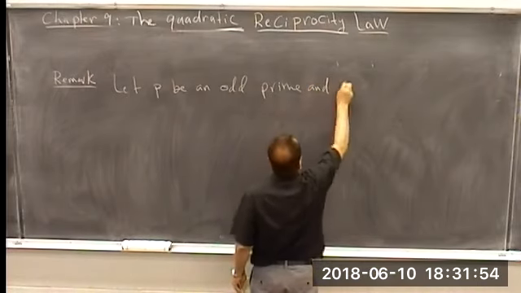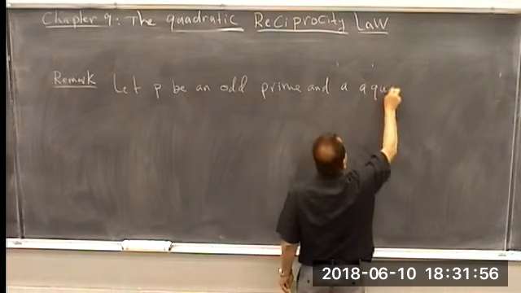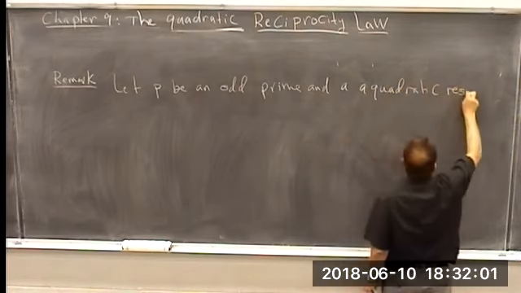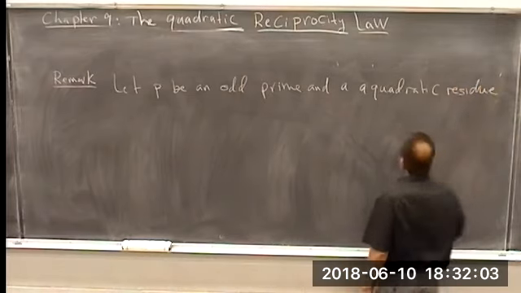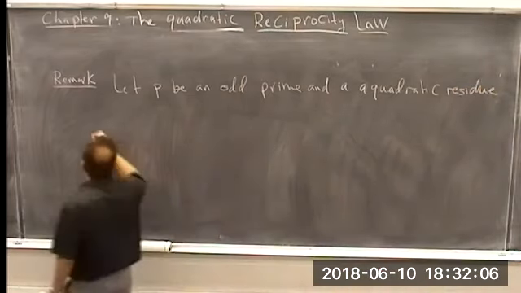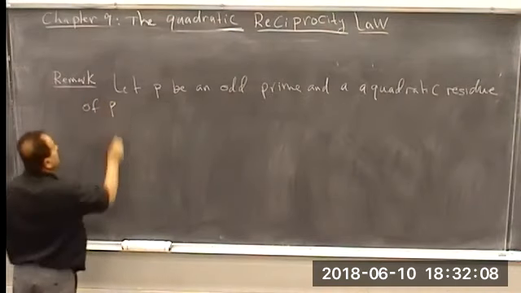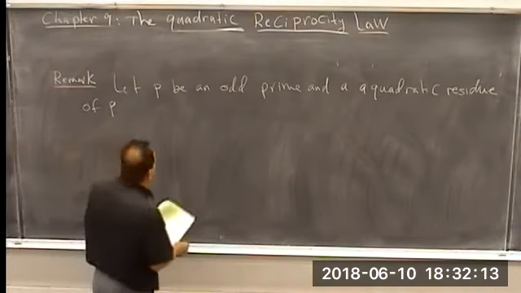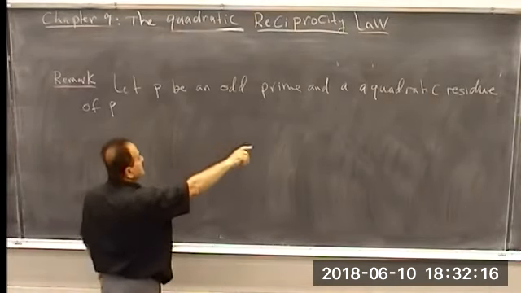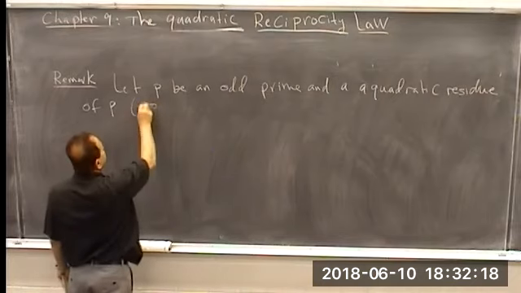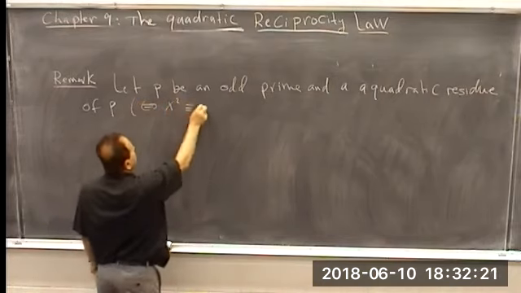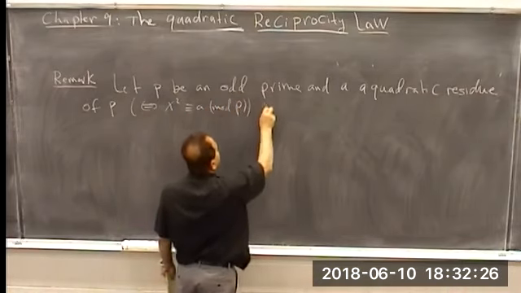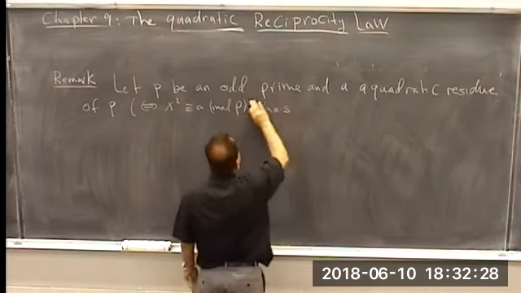And a being a quadratic residue of p simply means that x squared congruent to a mod p has a solution.